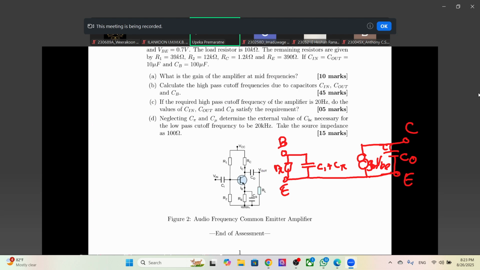We saw how we get R1 parallel to R2 parallel to RS, which is the source resistance.